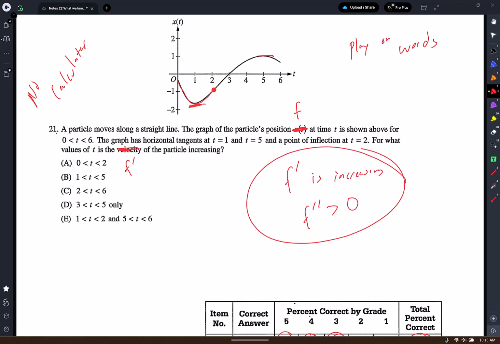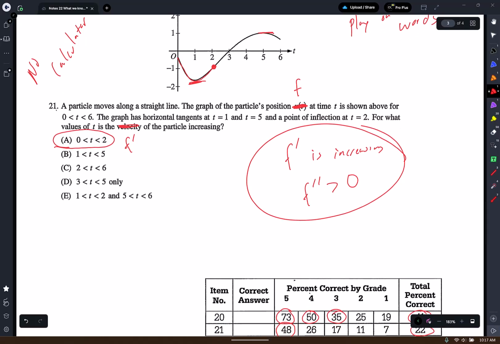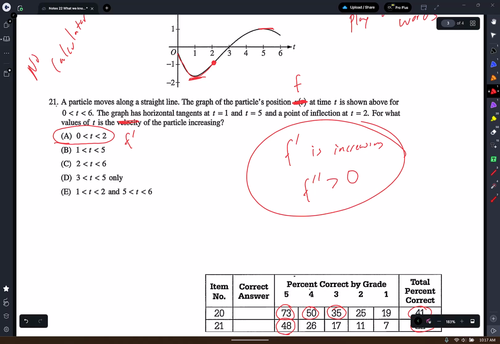So the answer to this is, do you guys see why this one was so hard? This is what's happening, guys. It's because you guys are thinking more like physics. If I were to graph my velocity graph, see how f decreases and then increases, it probably looks something like that initially, velocity.